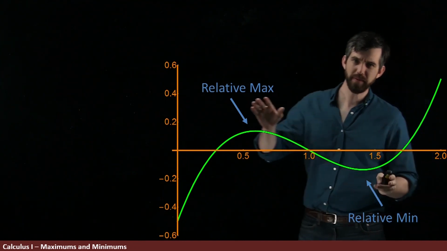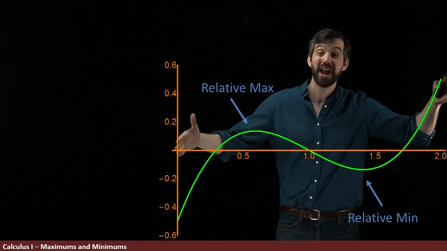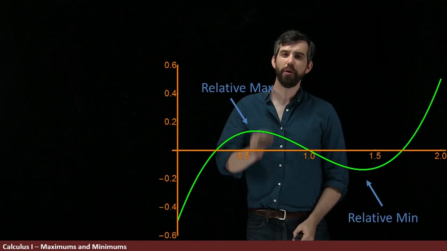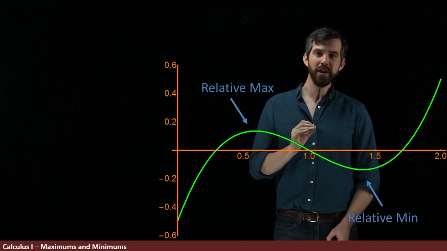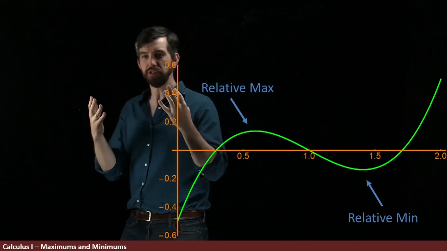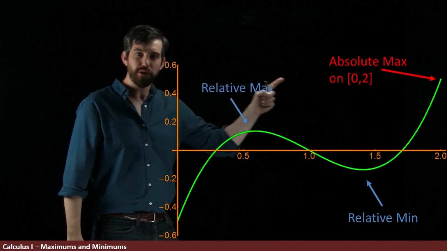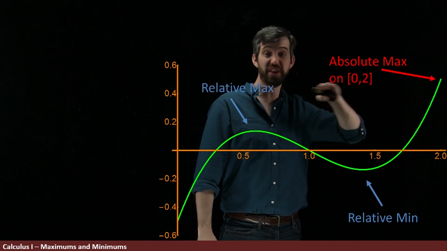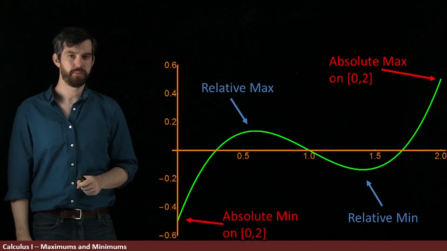But what you'll notice about both of these points is that this is not the highest point on this entire interval 0, 2, and this is not the lowest point on this entire interval. They're only relative maximums or local maximums. But if we want to talk about what is the absolute maximum, what is the actual largest and smallest value? Well, the very largest on 0, 2 is this point that occurs right here. That's higher than every other point, and the very smallest is going to occur right down here.